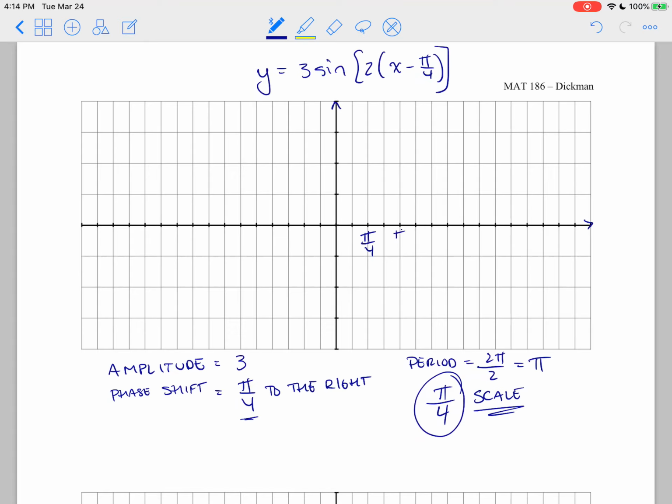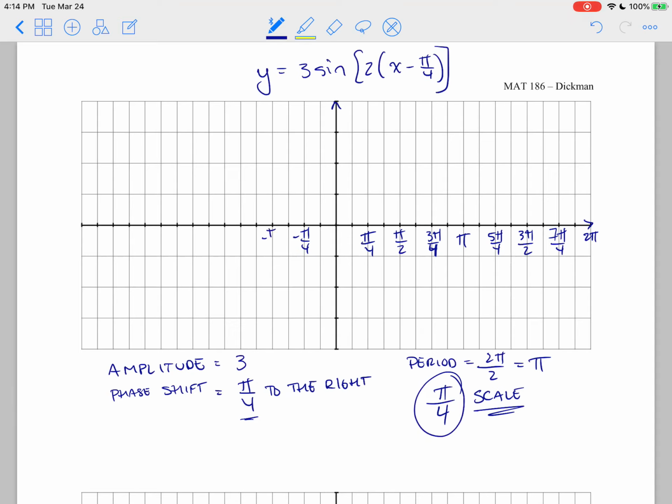So I'm going to start pi over 4, pi over 2, 3 pi over 4, and then I have pi, which is 4 pi over 4, 5 pi over 4, 6 pi over 4, 7 pi over 4, and then 8 pi over 4, which is 2 pi.